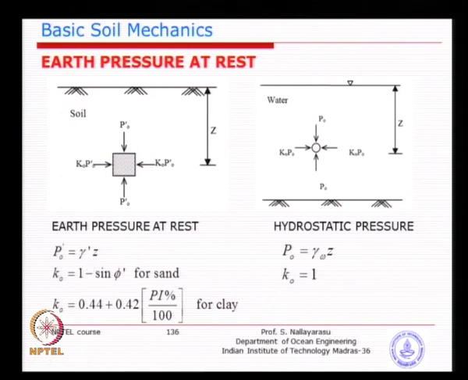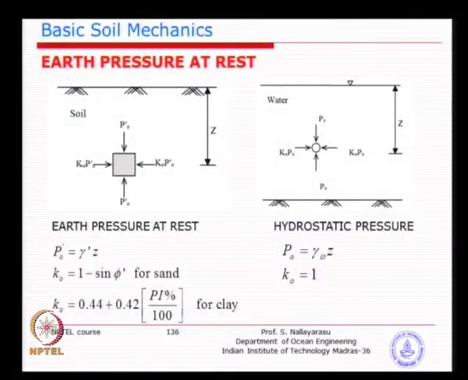All the time we will talk about gamma dash, because the soil is fully submerged in marine conditions. So, depending on the depth at which it is acting, gamma dash times H will give you the pressure at the point of consideration. And K naught for sand, many times people have expressed this, a proposition used many times, 1 minus sin phi.